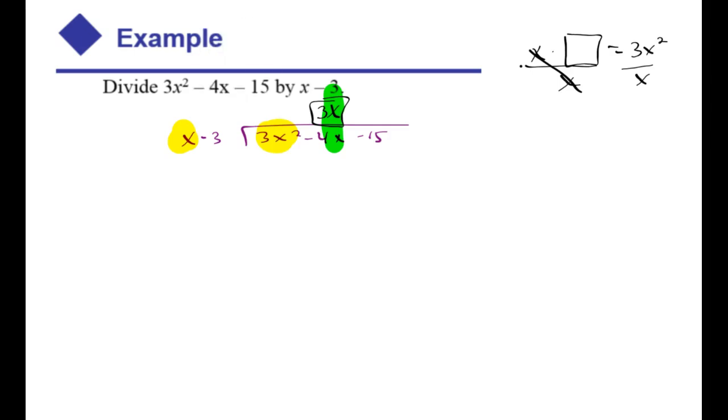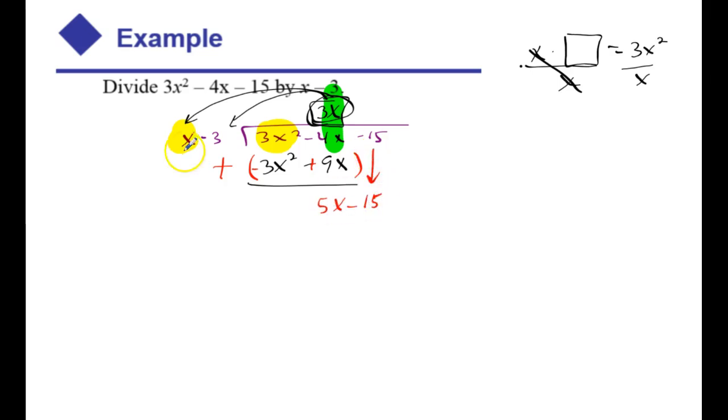And so continuing, we're going to start multiplying. 3x times the x gives me 3x squared. 3x times the negative 3 is negative 9x. Now remember, we're going to subtract. And my recommendation is instead of subtracting, I would add the opposite. So I'd go through and change all the signs and add. Usually students are better adders than subtractors. So 5x minus 15, bringing down the next term, and repeat the process.